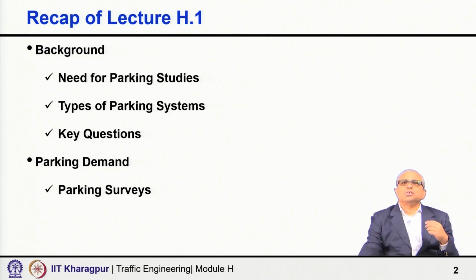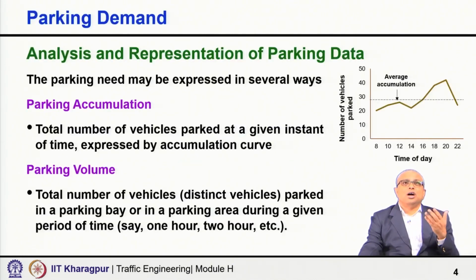Then we started discussion about parking demand and we talked about various traffic surveys. In continuation to that, let us discuss now how we analyze and represent the parking data.